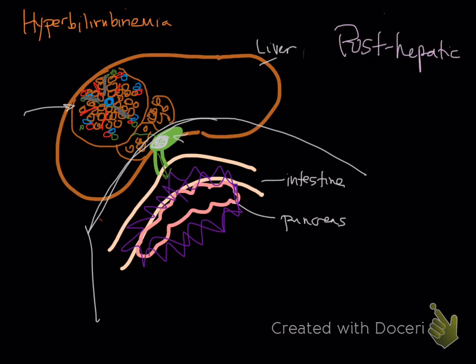So if you had severe inflammation in your pancreas, that's going to cause your common bile duct to essentially not be able to get bile out, and that's going to cause a backup. You can also get some hepatic disease as well from an inflammation and secondary abnormalities within the hepatocytes because of all that local inflammation. But in this case, what you're going to do is you're going to look for pancreatitis.